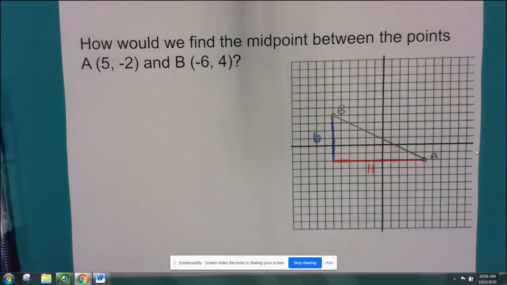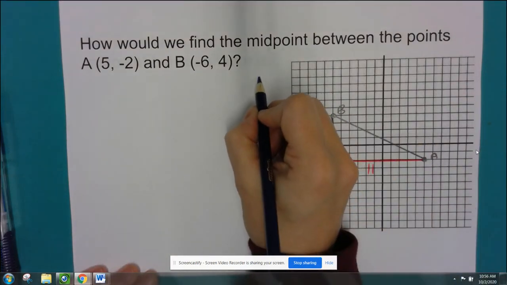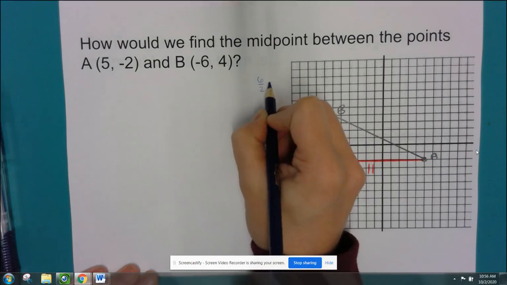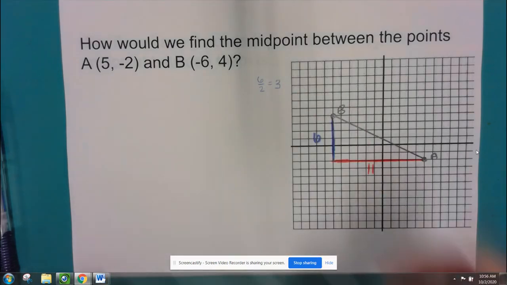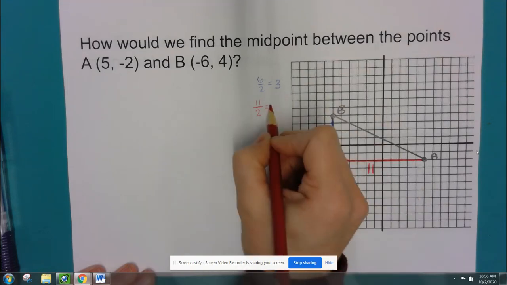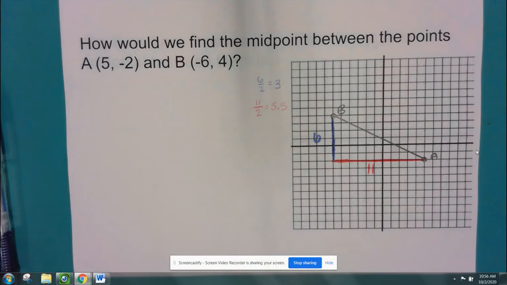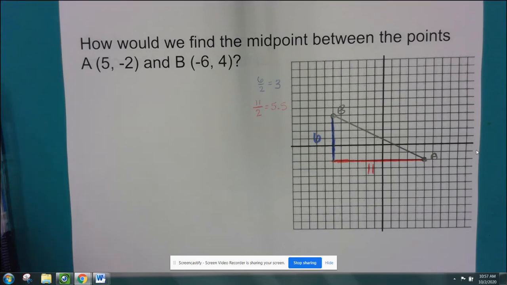So now I need to think about cutting that vertical and that horizontal distance in half. So 6 divided by 2 gives me 3. 11 divided by 2 gives me 5.5. So from point B or point A, I should be able to count vertically 3 spaces and horizontally 5.5 spaces, and that will find me the midpoint.